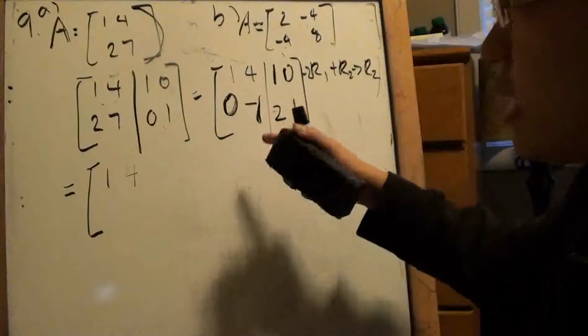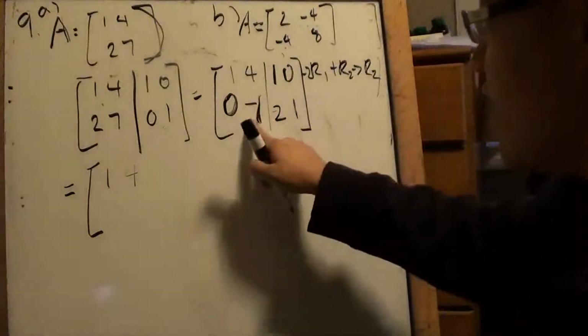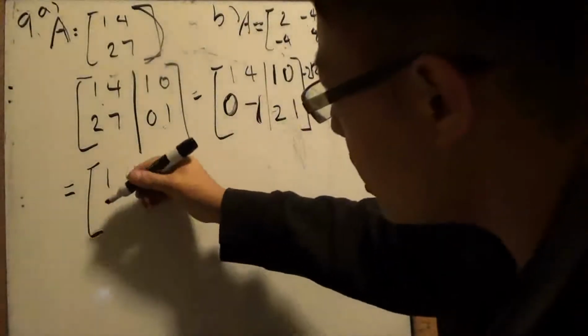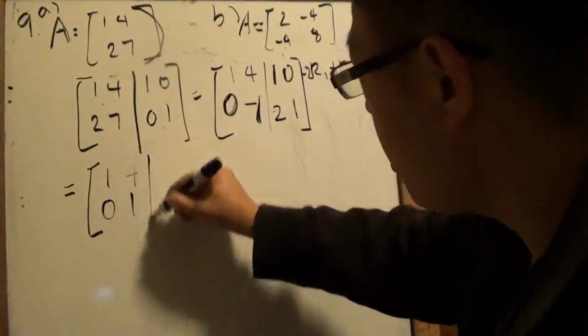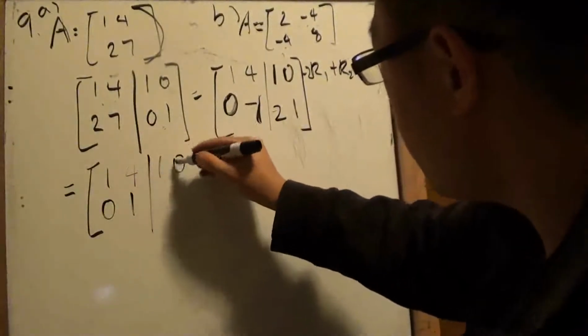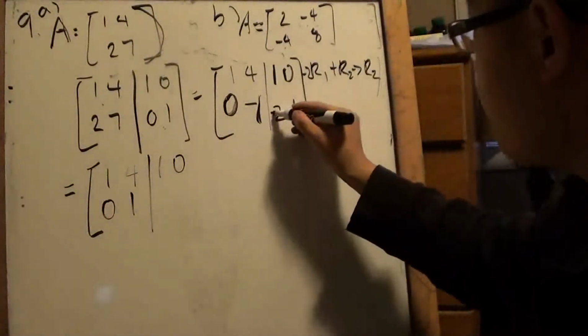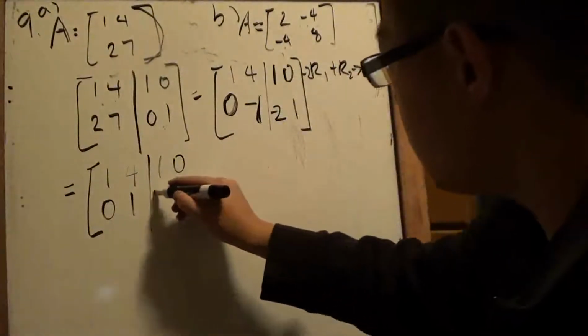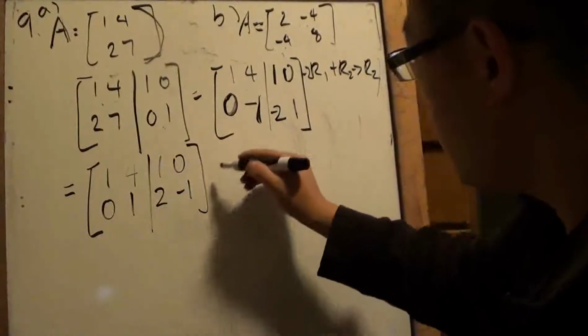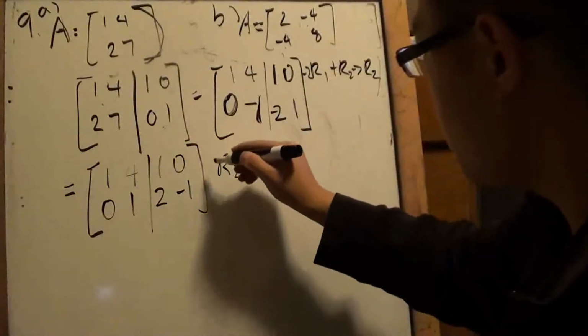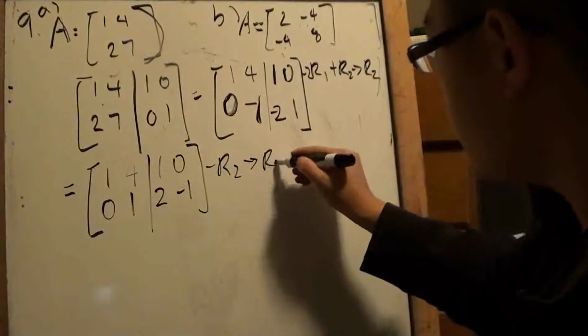I'm going to change this right away because you're going to have to do it anyway. So the second row is as simplified as possible: 0, 1, then 1, 0, and that -2 is going to become positive 2, and this is going to be -1. All I did was multiply the second row by -1 to get the new second row.